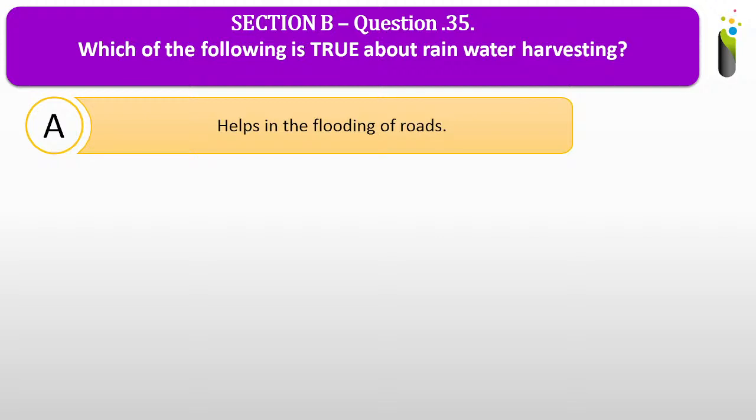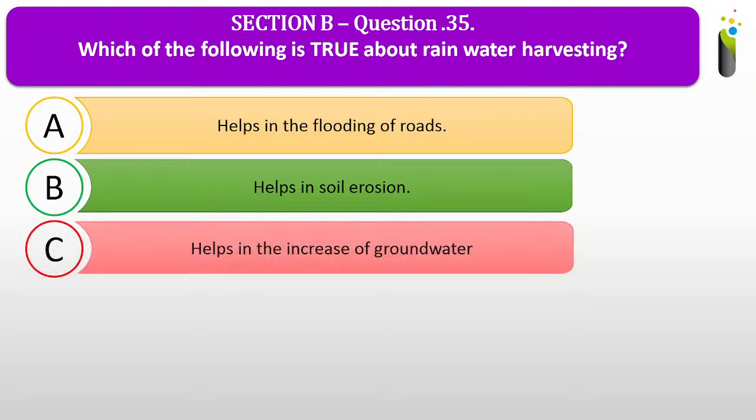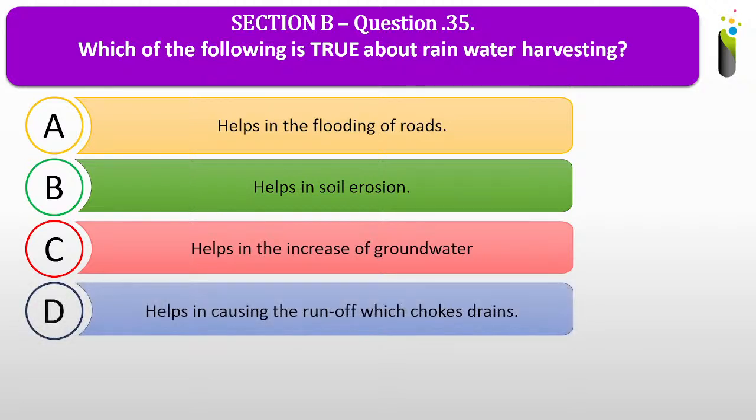A. Helps in the flooding of the roads. B. Helps in soil erosion. C. Helps in the increase of groundwater. D. Helps in causing the runoff which chokes the drains. And your time starts now.